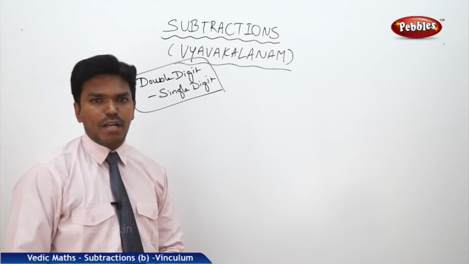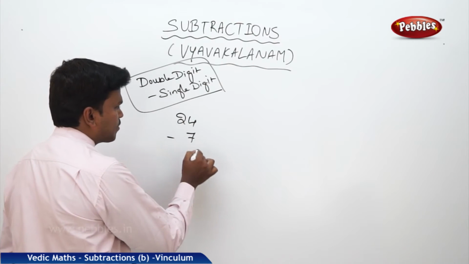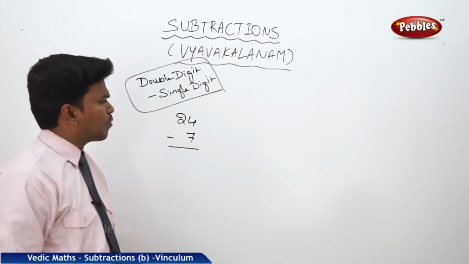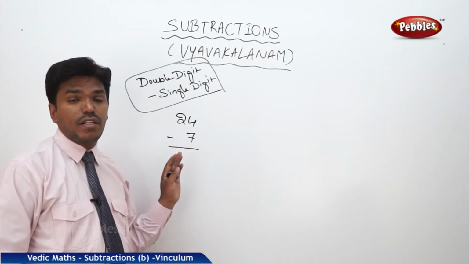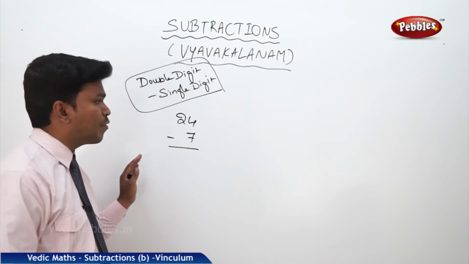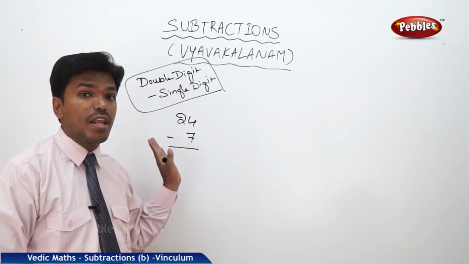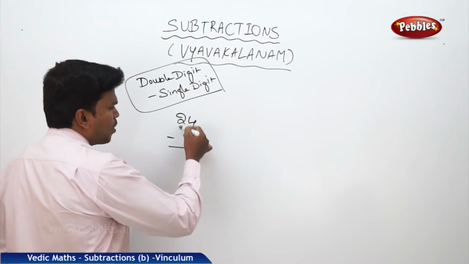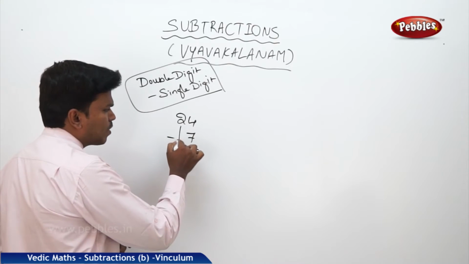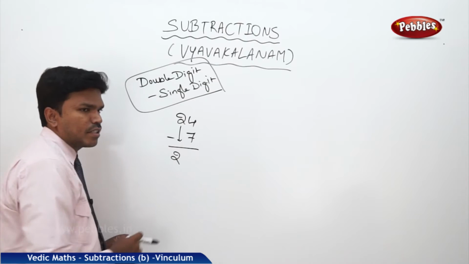So we will take one example, 24 minus 7. Just like I said, in Vedic maths, especially additions or subtractions, we are not going to work from right to left, which is the conventional way, but here we are going to work from left to right. Now you see, is there any digit below 2? There is nothing. So we will just drop 2 as it is.